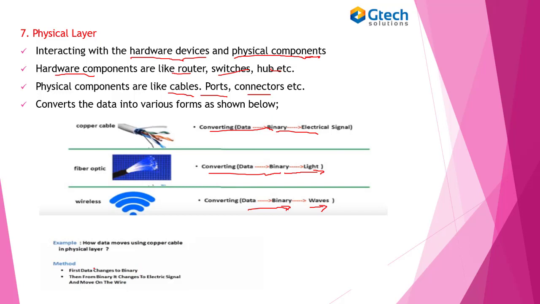First, the data is converted into binary. Then the binary is transformed to electrical signals and moves through the wires, the cable. So I hope you understand the seven layers of OSI model.